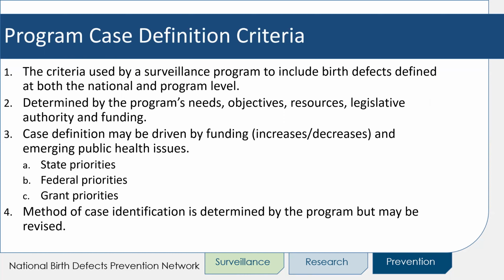Program case definition criteria. This is the criteria used by a surveillance program to include birth defects. This definition can be defined at the national level as well as at the program level.